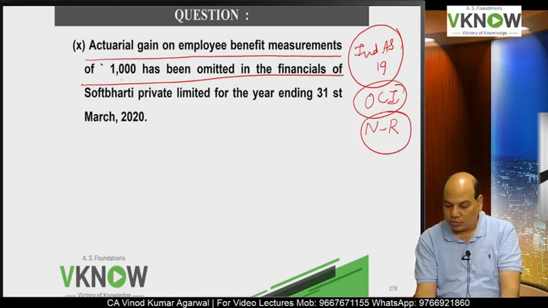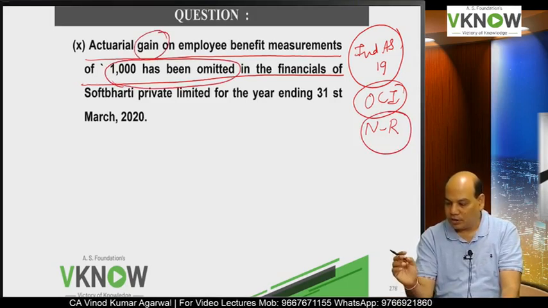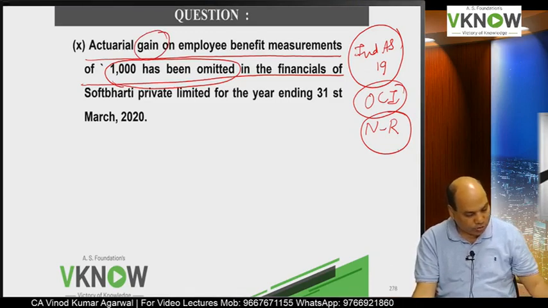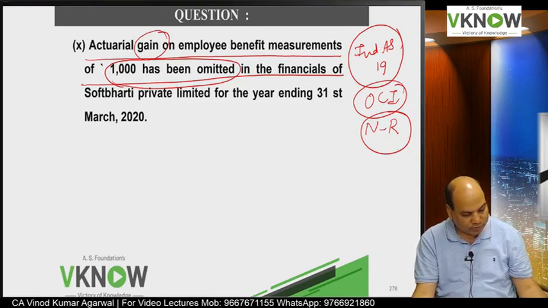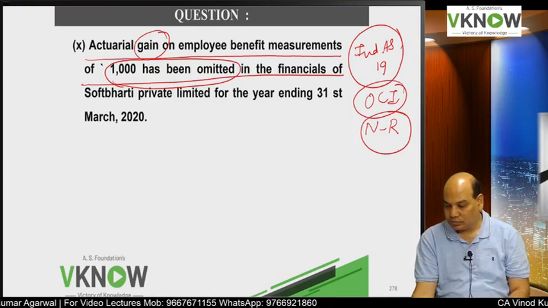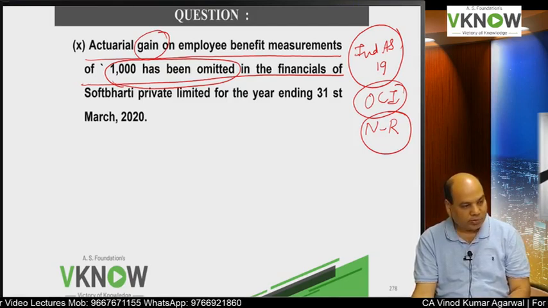So 1,000 rupees I will show as gain, meaning profit, in OCI, and the second effect will be: go to the liability side of the balance sheet in your question book, and you will find long-term provision of 25,000 there. Is it right? That will reduce by 1,000 because there is a gain, meaning the liability will reduce.